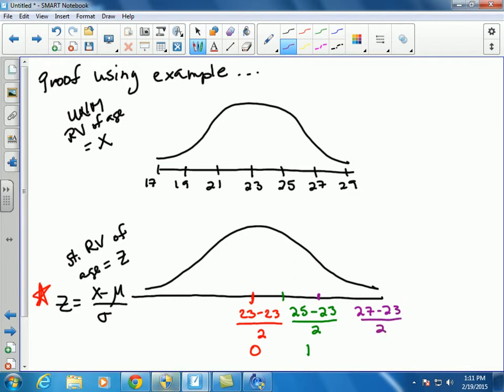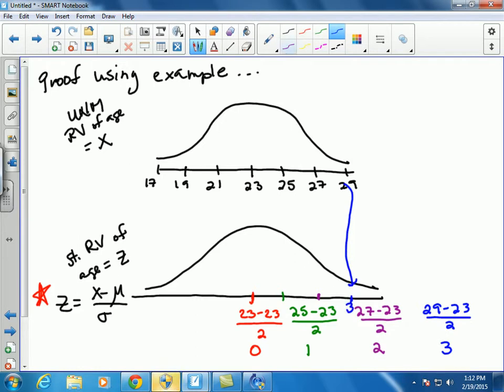And 27 minus 23 is 4. 4 divided by 2 is 2. So I just turned 27 into 2. And then I can do it for 29 out here, where 29 minus 23 over 2, that's 6 over 2, which is 3. So I just turned 29 to be 3.